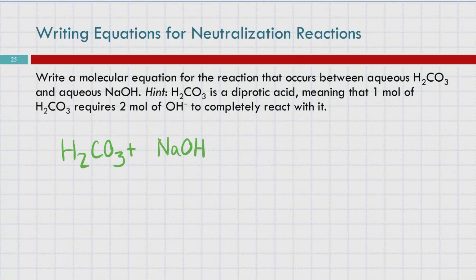What part of H2CO3 is going to make it an acid? It's the H. How many H's does it have? So if that dissolves in water, how many H pluses would we expect for each H2CO3? If we broke it down, this would be 2 H pluses and 1 CO3 2 minus.